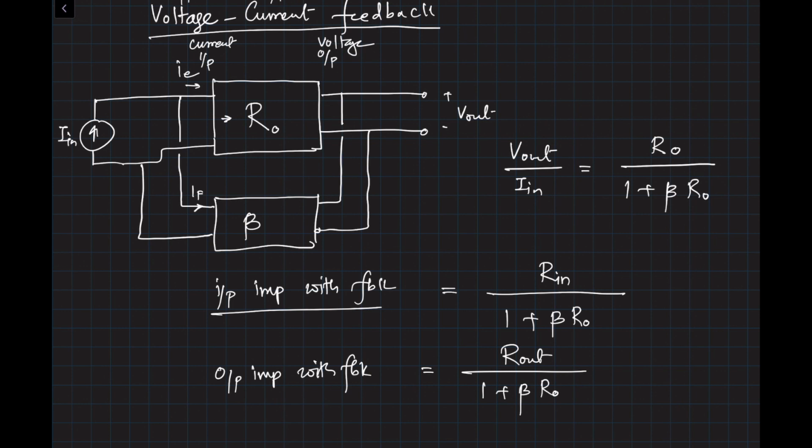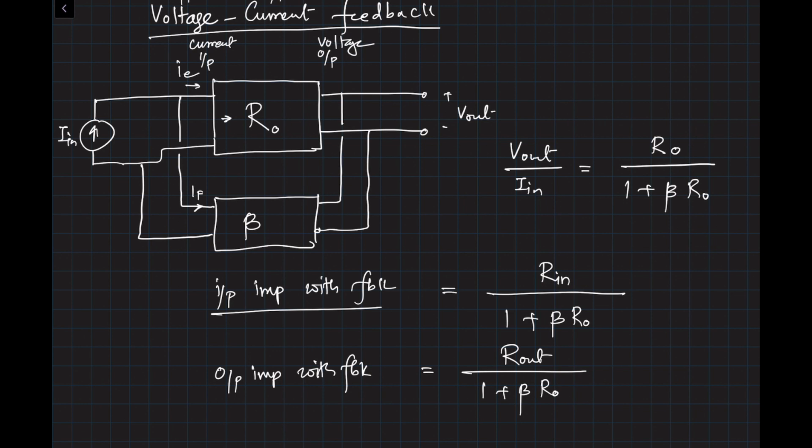Now you may wonder, how do I remember all these things? Does it get multiplied or divided? So I'll teach you a quick trick. Essentially, whenever there is something in parallel at either the output port or input port.